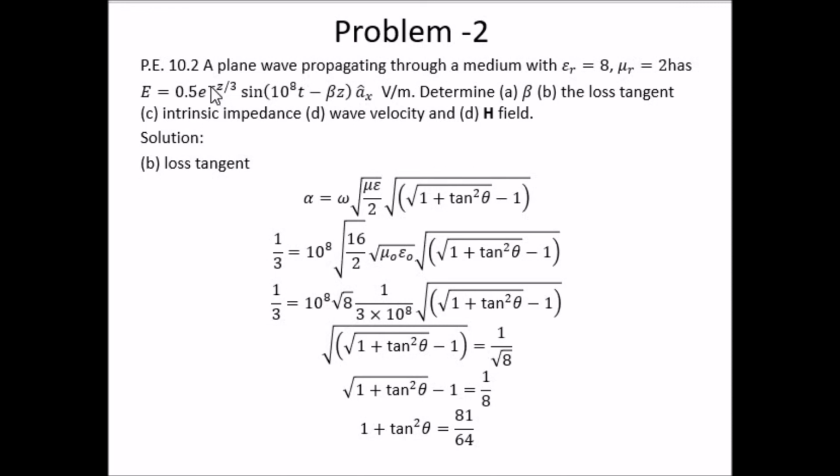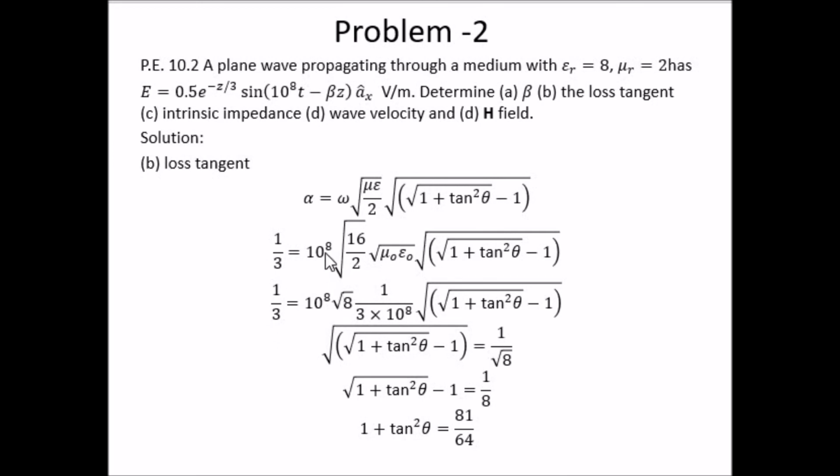You don't need to take the sign for alpha, and not the variable z either. Take only the constant, 1 over 3 here.